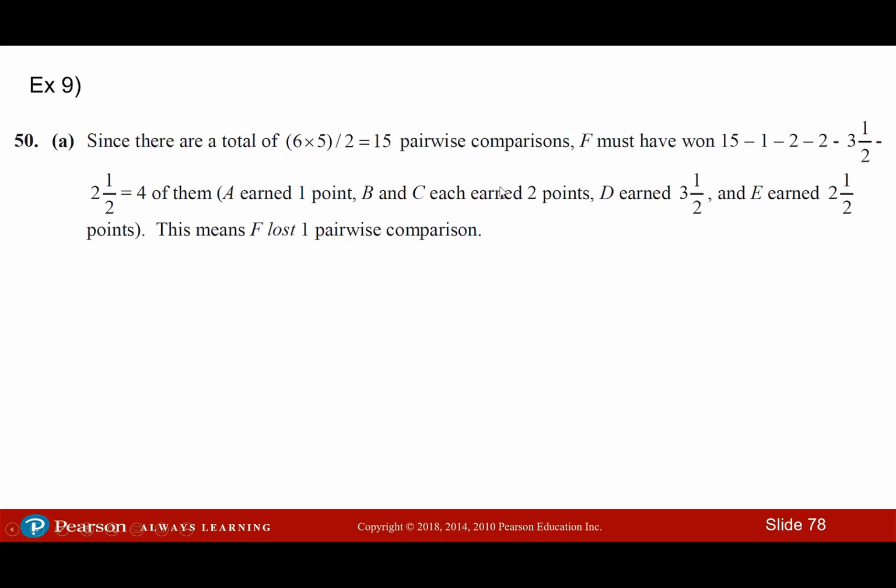So now the question is, how do we find out how many F won? 15 would be the total, right? And all we do is we total up.